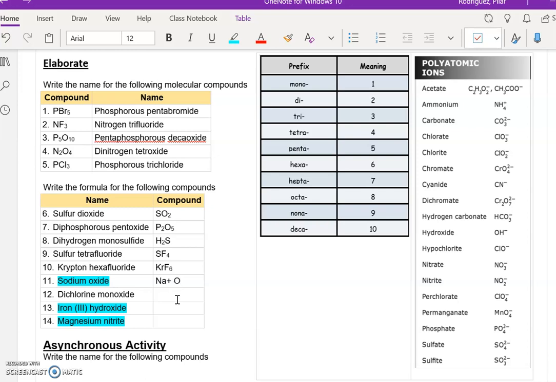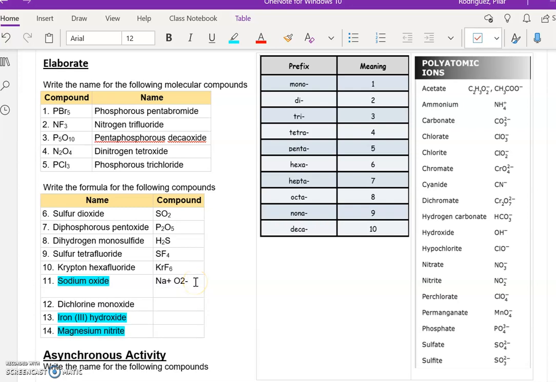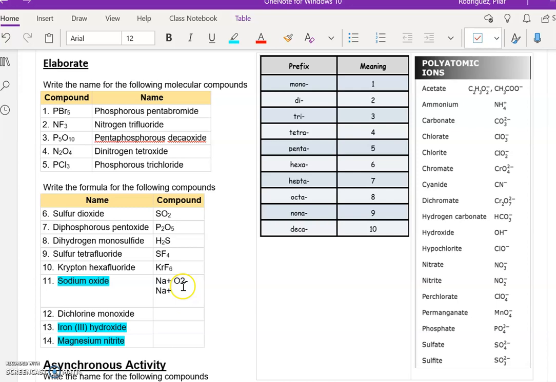And I know that oxygen has a charge of 2-. And I know that because oxide, right? So now I have to somehow balance this. So I'm going to need 2 positive atoms, 2 sodium atoms, to counterbalance this 2 negative charge. So my final formula compound is going to be Na2O.